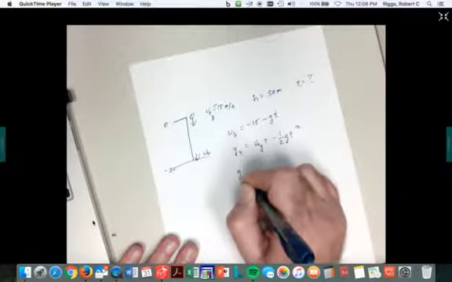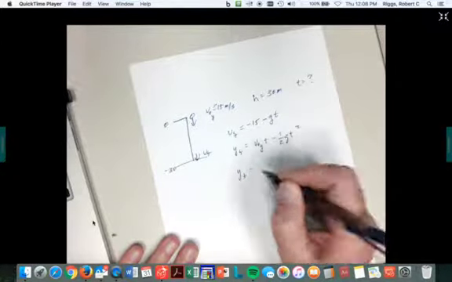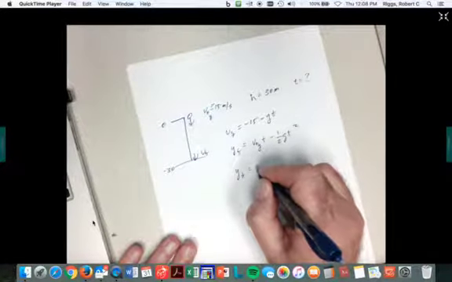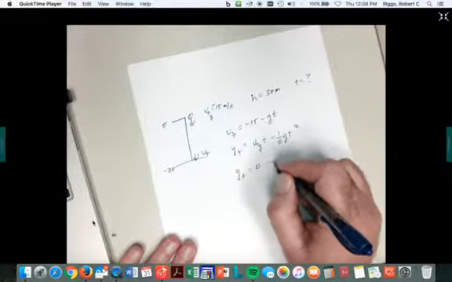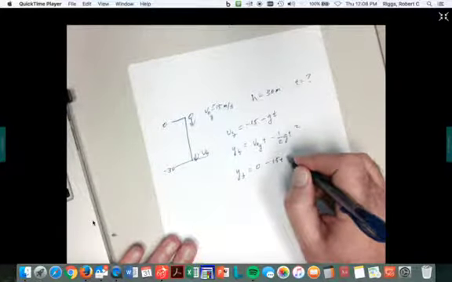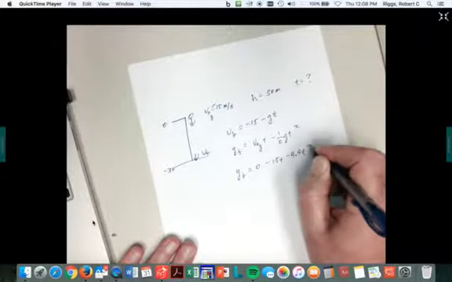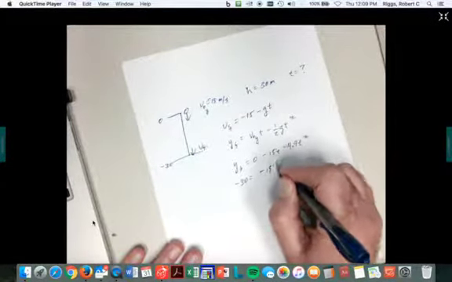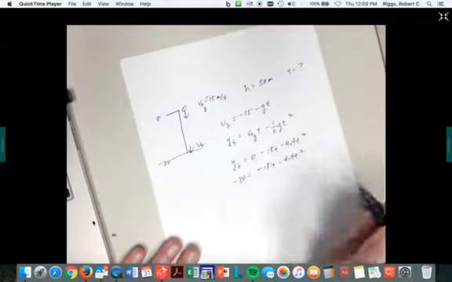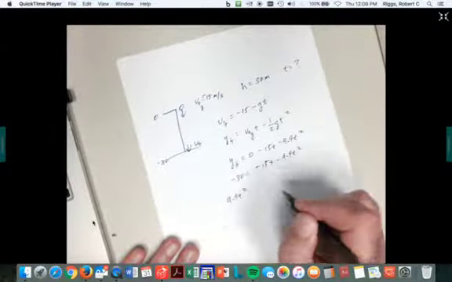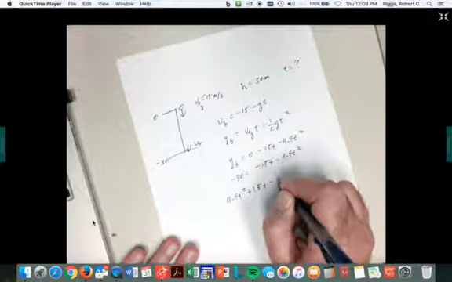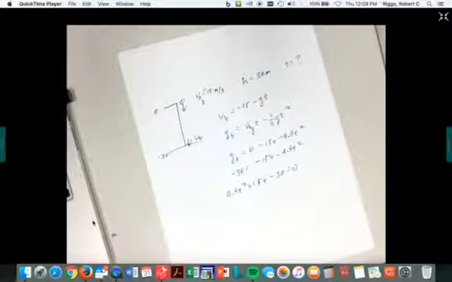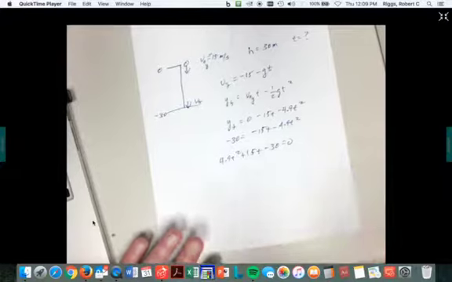I wind up with y final equal to y initial, which would be 0, minus 15t minus 4.9t squared, and y final is equal to negative 30. So I'd set up my quadratic: 4.9t squared plus 15t minus 30 is equal to 0, if I bring all that over to one side. Now I've got a quadratic I have to solve, and that's difficult.